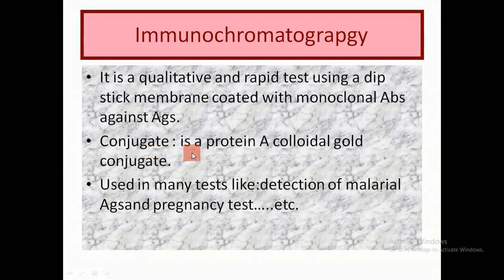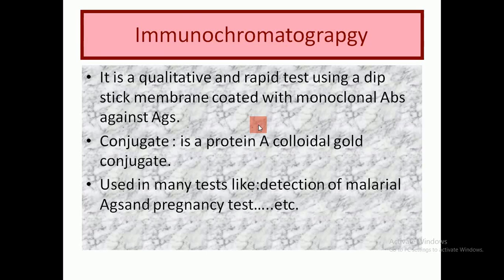Here the conjugate is a protein A colloidal gold conjugate, used in many tests like detection of malarial antigen and the pregnancy test, and nowadays used to detect COVID-19 virus by detecting the antibodies against the COVID-19 antigens. It is a rapid test within a few minutes, and it is used for early detection of the infection.